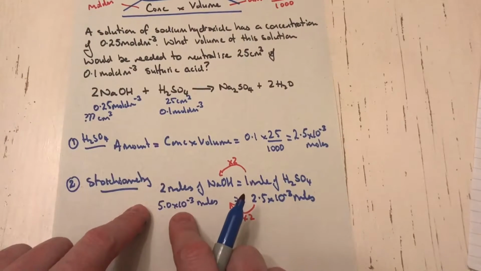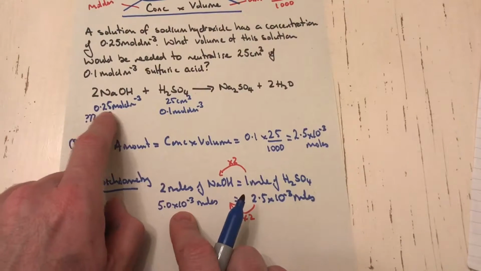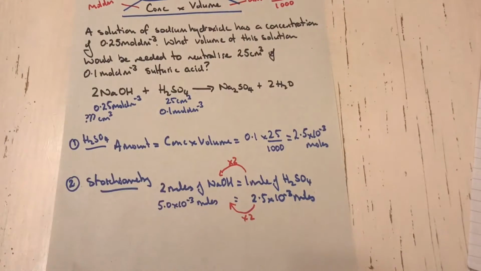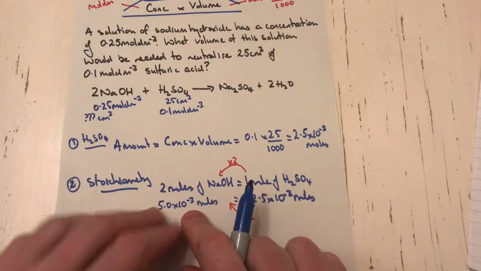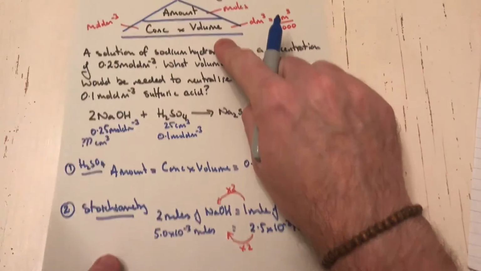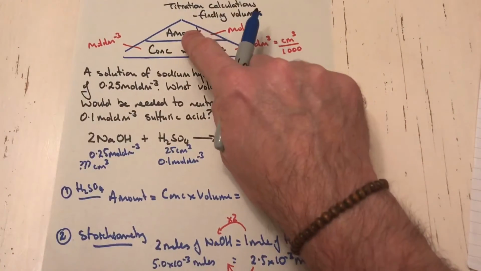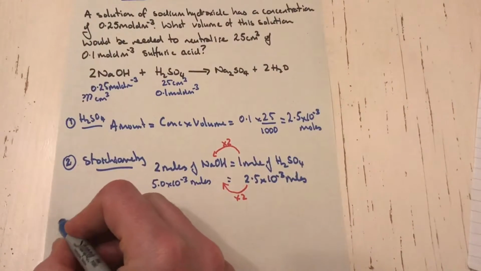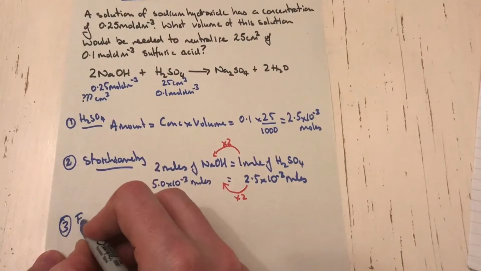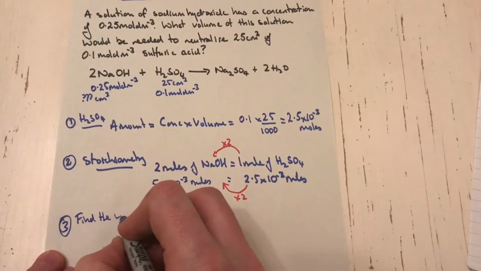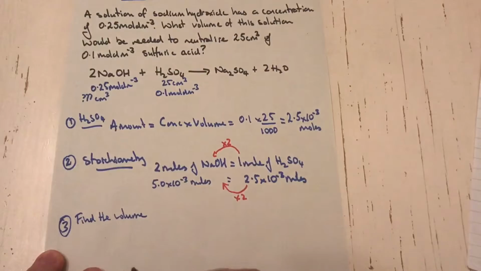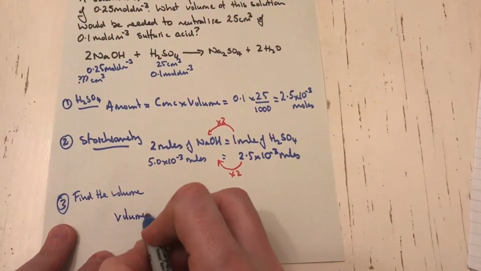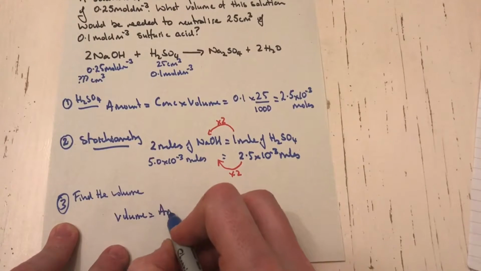I now know that this many moles are linked to this concentration, but I've got to find the volume that they are contained in. So my third step is to find that volume. Going back up to my triangle, the volume equals the amount divided by concentration.